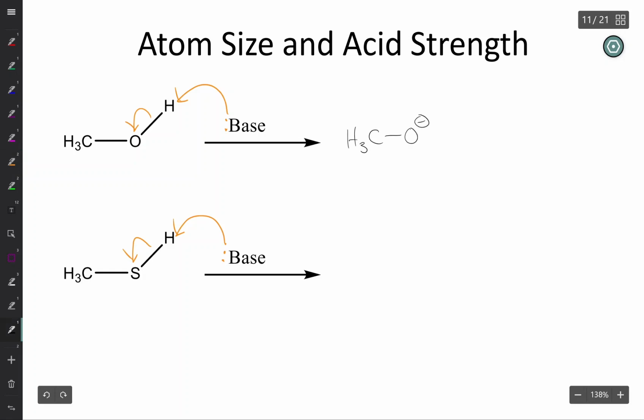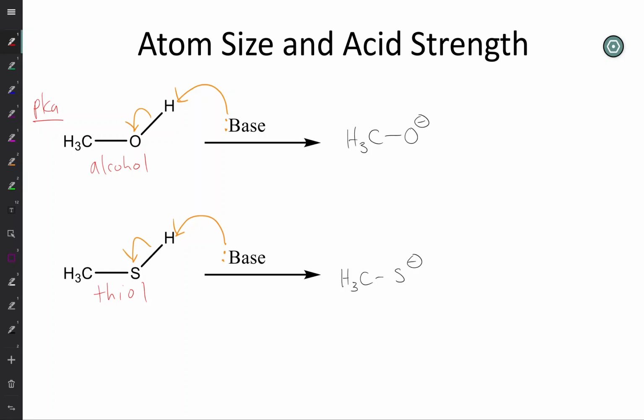We take H plus away from an alcohol, we're left with this negative charge on oxygen. If I take an H plus away from this second molecule, which is called a thiol, then I'm left with a negative charge on sulfur.